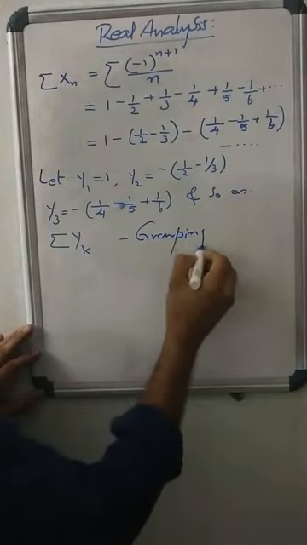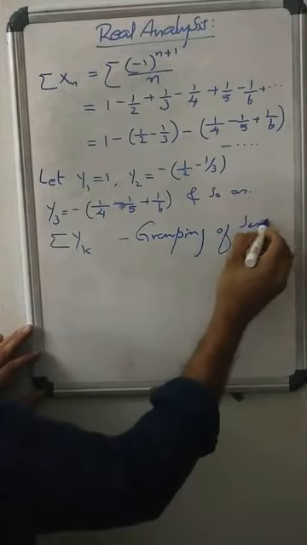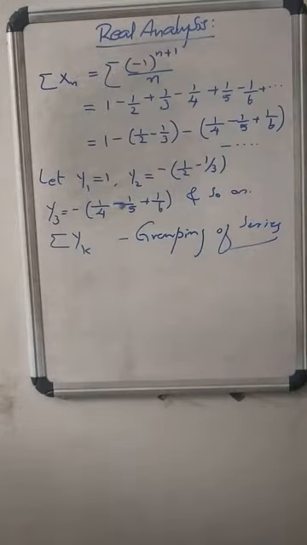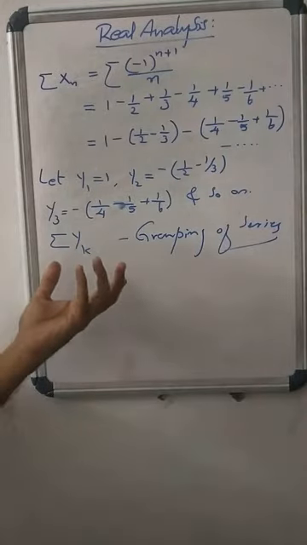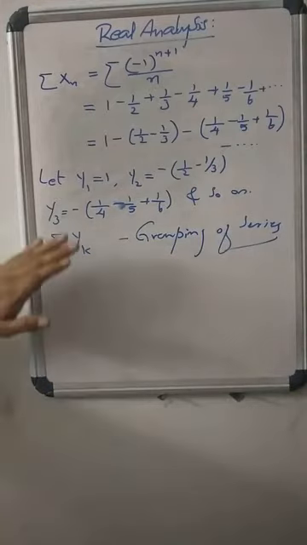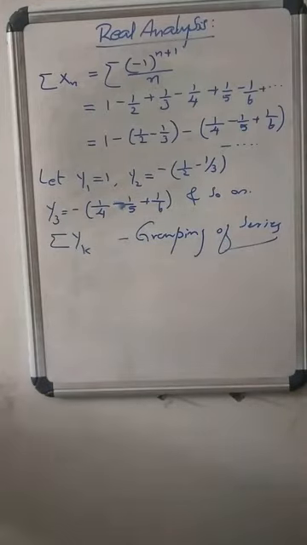So what is grouping of series? Let sigma xn be any given series, then we can obtain another series sigma yk by leaving the order of the terms in xn fixed and inserting brackets that group together a finite number of terms.